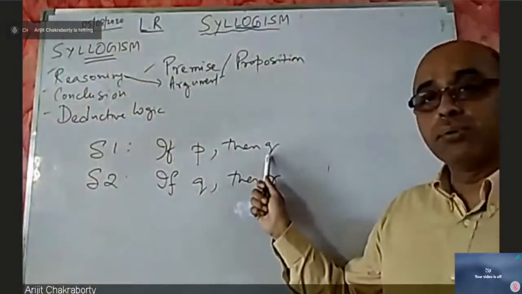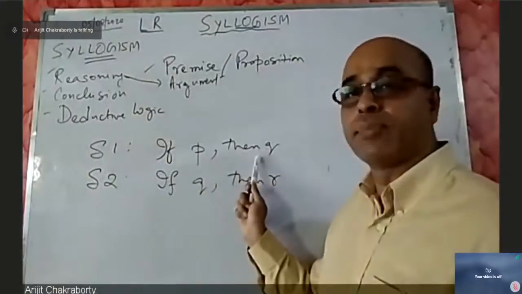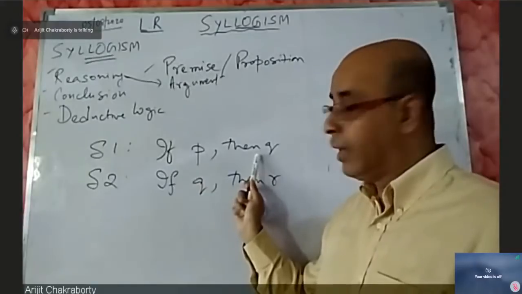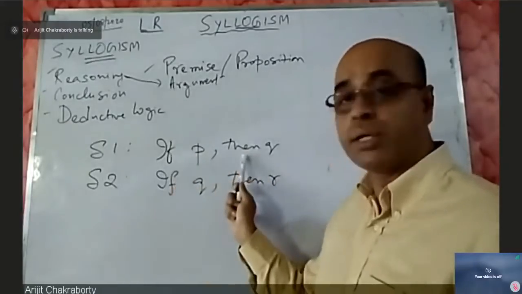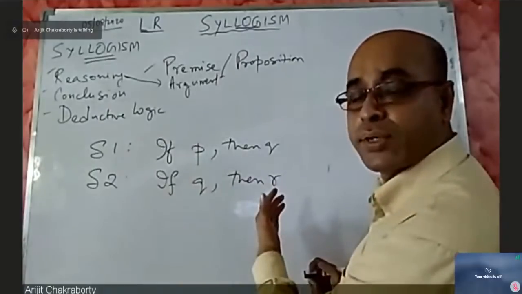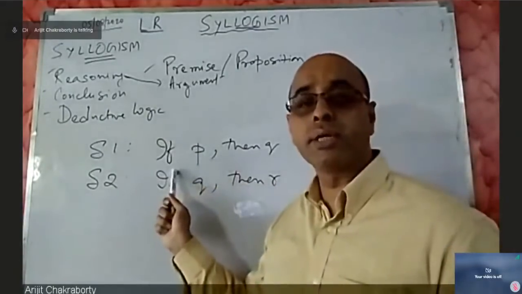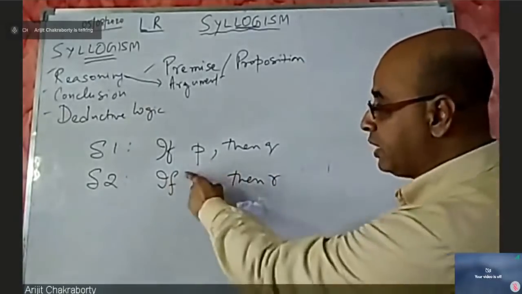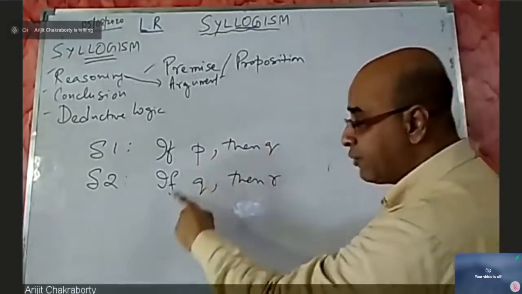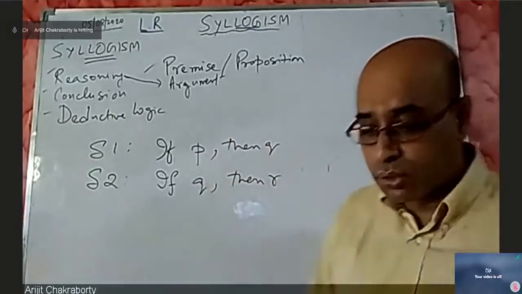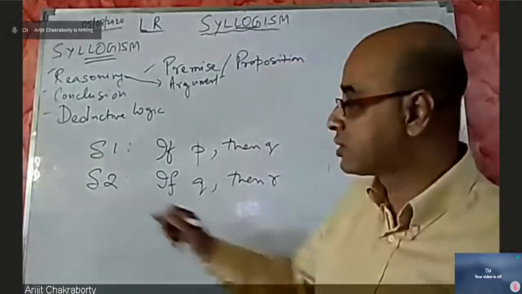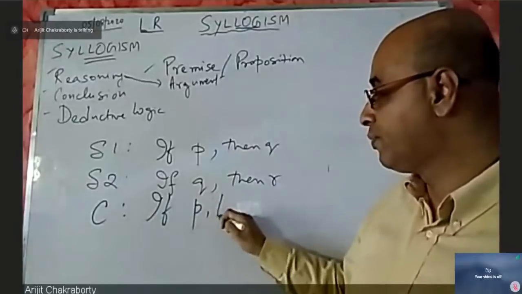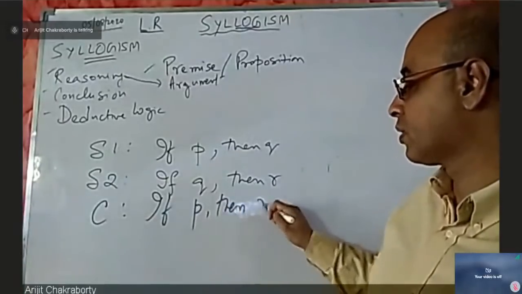If P, then Q. If it rains, I will carry an umbrella. If I study hard, then I will do well in the exam. If I take the institute classes seriously, I will do well. If and then. So if P, then Q. If Q, then R. If this is statement 2, then the conclusion, C, will be if P, then R.